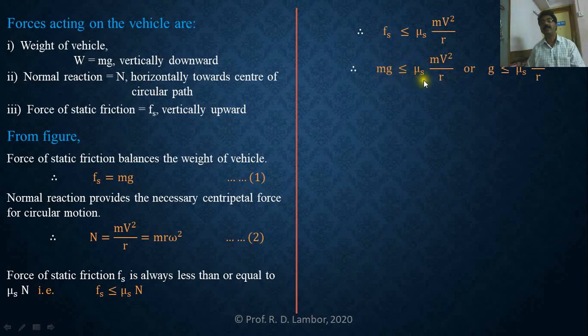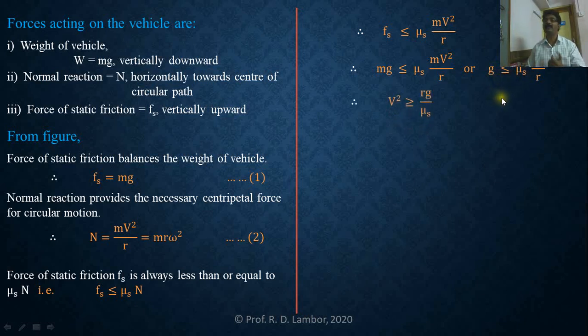In this equation, m is common on both sides. It gets cancelled. And the remaining equation is g less than or equal to mu s into v square upon r. Or if we try to write v square, then rg upon mu s is less than or equal to v square.